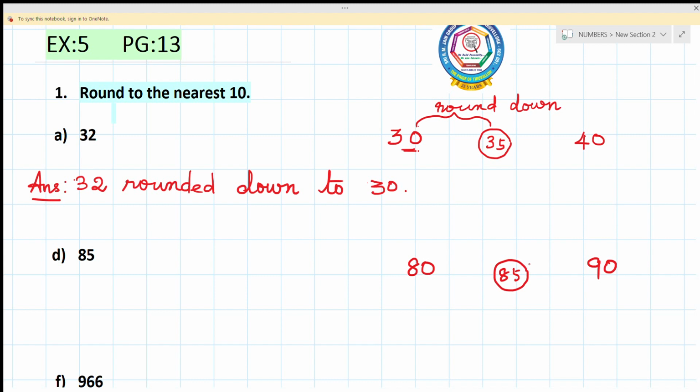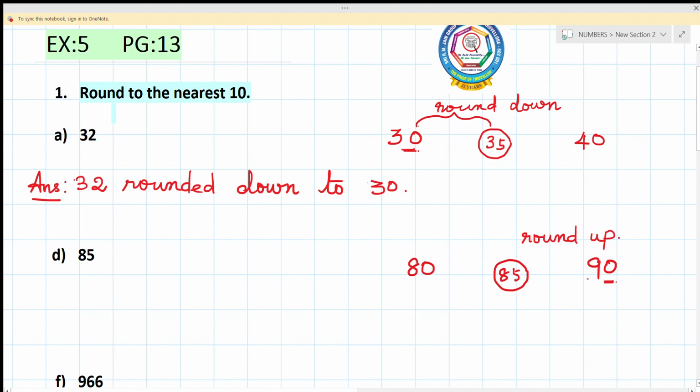So if a number is at the midway point, we are going to round up. Only if the given number lies before the midpoint, we are going to round down the number. If it is exactly at the midpoint or after the mid number, we are going to round up the given number.